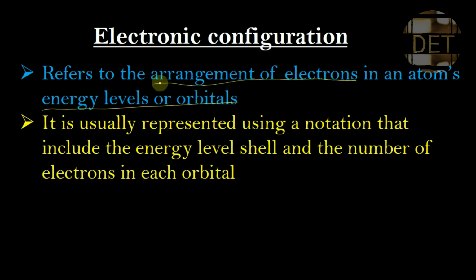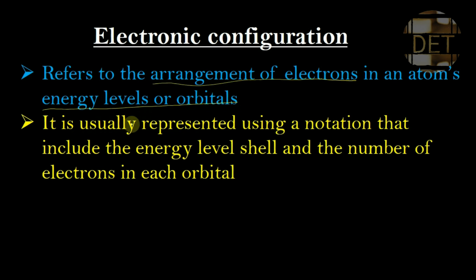So, electronic configuration simply refers to the arrangement of electrons in an atom's energy levels or orbitals. It is all about the arrangement of electrons, and the electrons are arranged in the energy level or orbital.